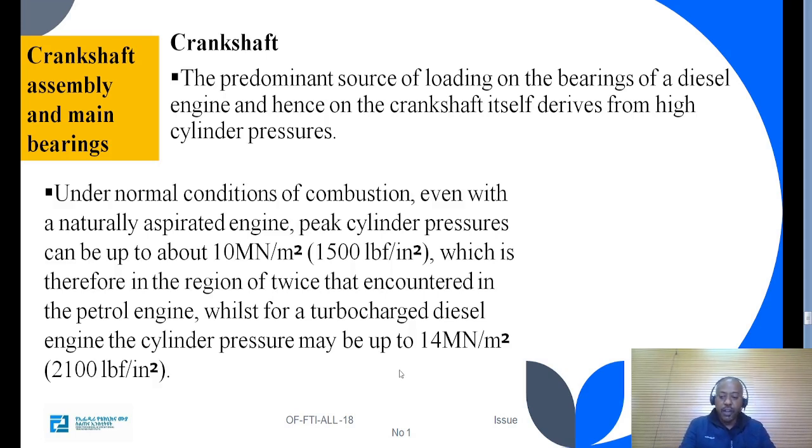which is therefore in the region of twice that encountered in the petrol engine, whilst for a turbocharged diesel engine, the cylinder pressure may be up to 40 million Newton per square meter.